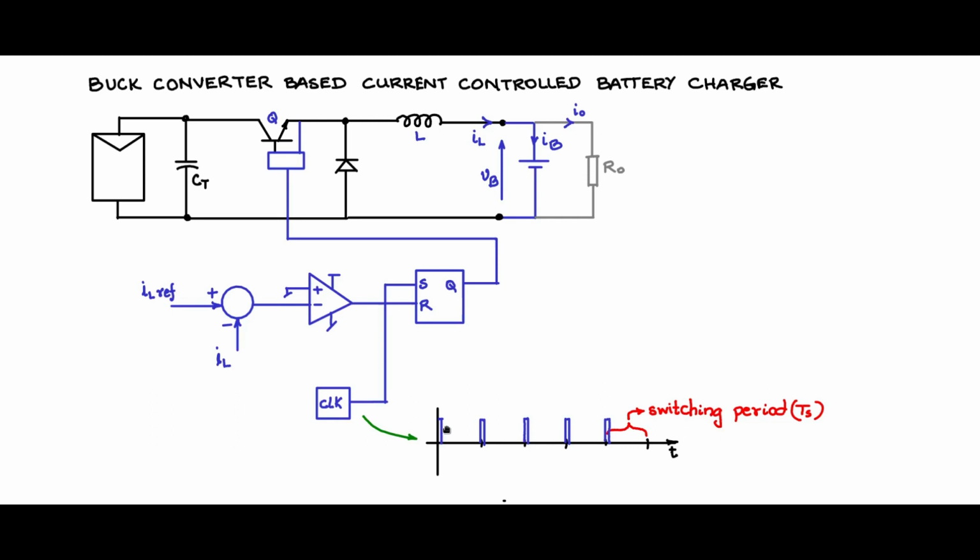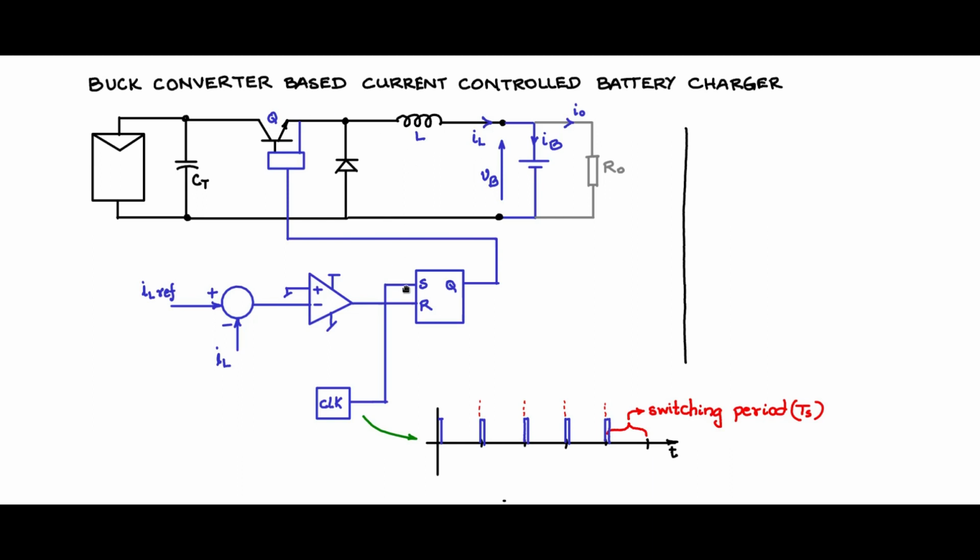So the moment this small duty cycle pulse comes to the set pin, it sets the output of the latch on the rising edge. So you have the rising edge. So at the rising edge, we see that Q gets set, and at every start of the period, Q is set and then switches on the transistor.